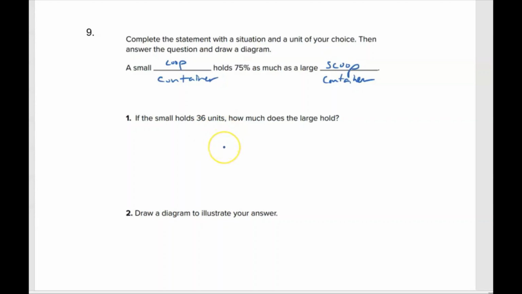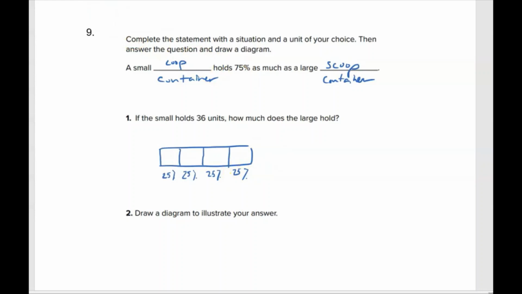Okay, so I know that the small is 75% as much as the large. Okay, so whenever I'm dealing with 75%, I like to think of breaking it into 25% chunks. So if this is my whole, I would break it down half and half, and then break each one of those halves again, so that each one of these represents 25%, 25%, 25%, 25%.